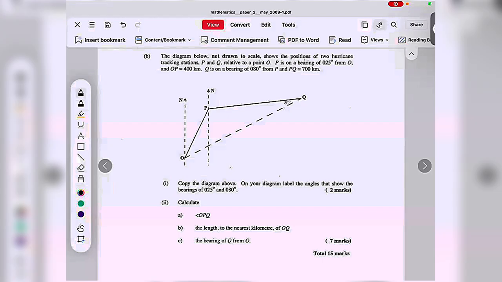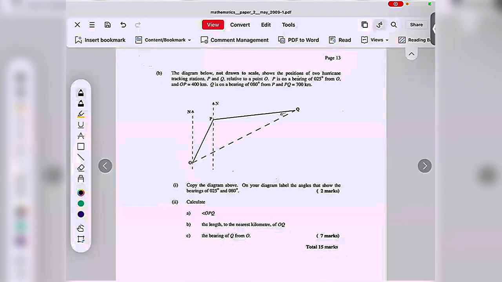All right. So the diagram below, which is not drawn to scale, shows the position of two hurricane tracking stations, P and Q, relative to a point O. We identify them.